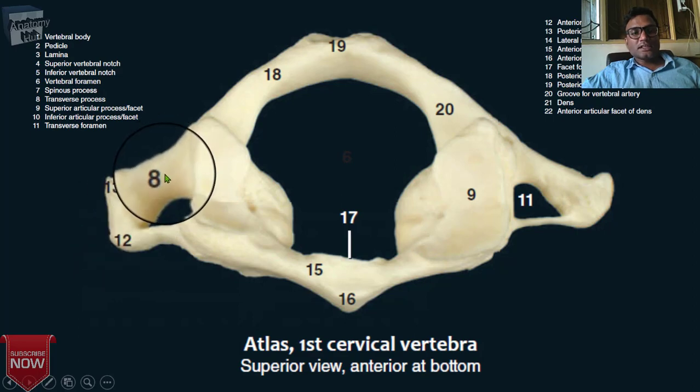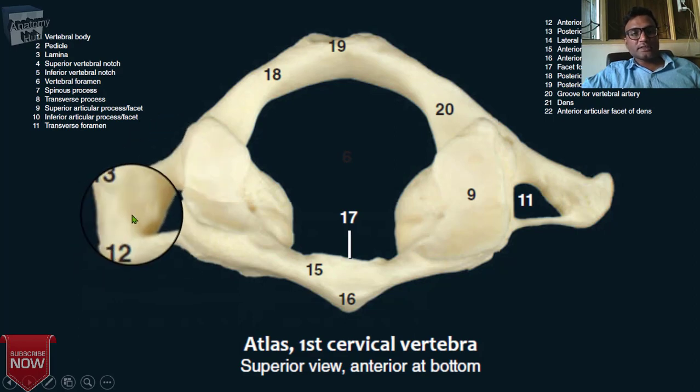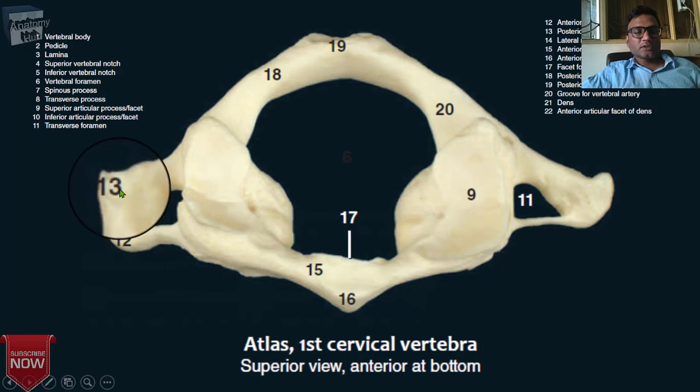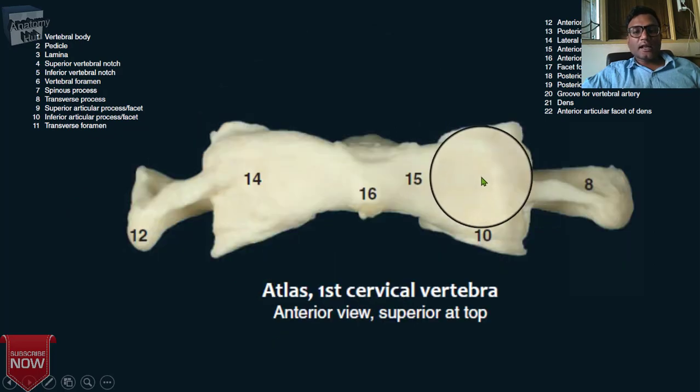This transverse process bifurcates into two tubercles: posteriorly the posterior tubercle and anteriorly the anterior tubercle. This is the anterior view.